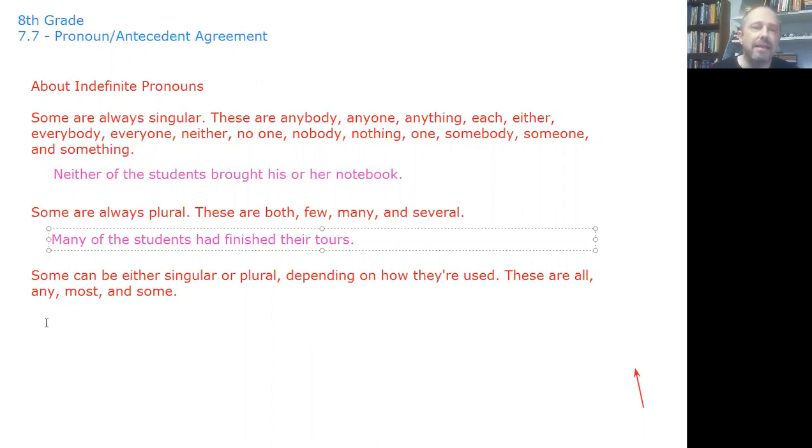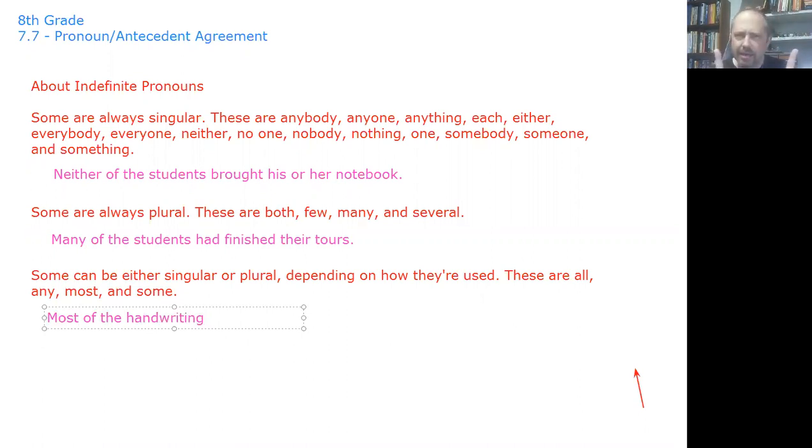Now, that trick with the prepositional phrases is what can help with these ones that can be both singular or plural depending on how they're used. So for example, if I were to say most of the handwriting, handwriting, singular, right, is legible, isn't it? Right? It being the pronoun. Okay, so in this case, most is singular.